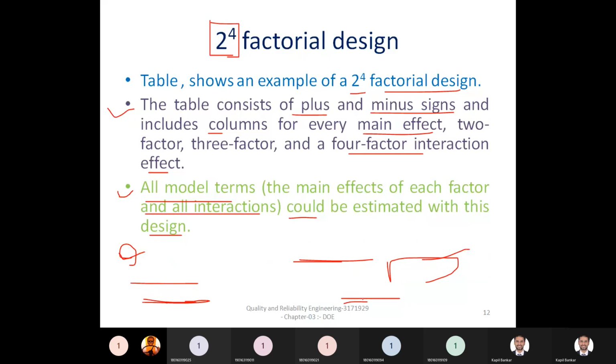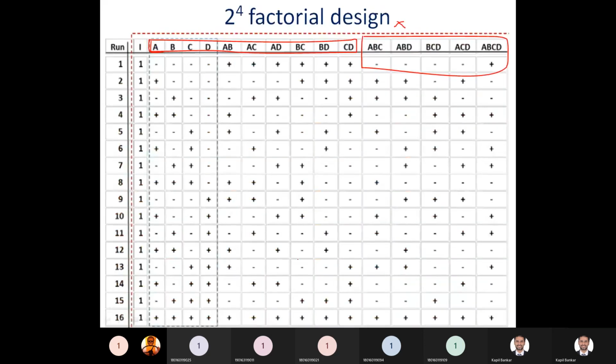Okay, that's why from this design you can consider only these two to describe your experiment. These are sufficient. That's why you can omit some of these combinations from the full factorial design, so it becomes the fractional factorial design.